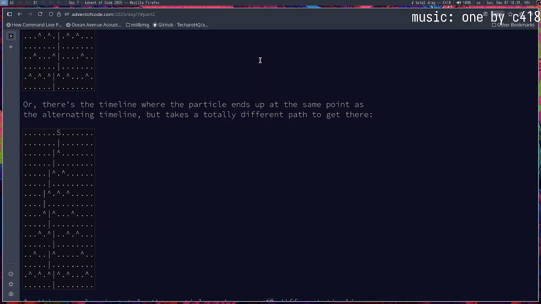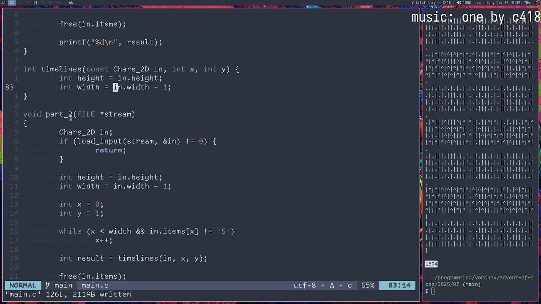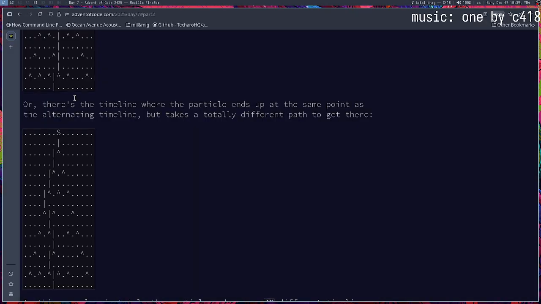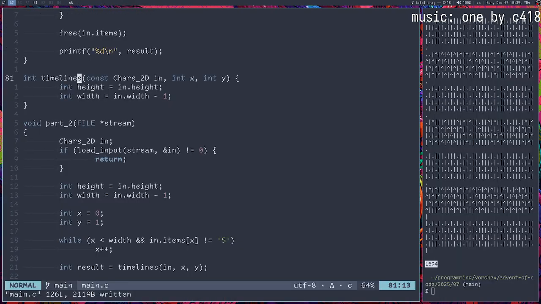At that point we should stop going downwards and let two other function calls go downwards.